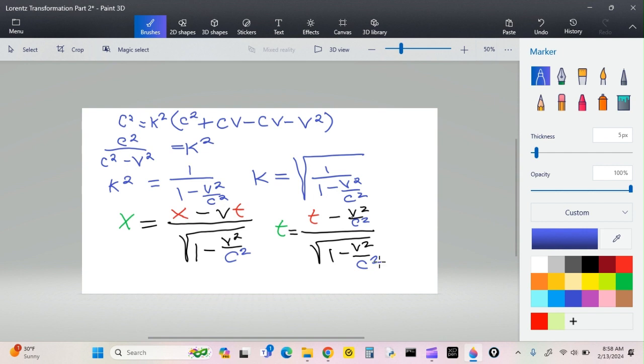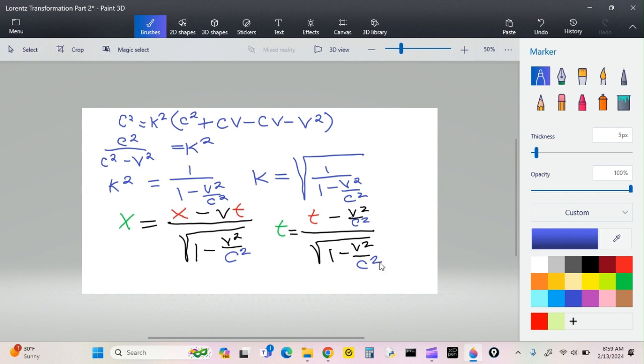That's pretty much just 1, because this pretty much is 0. So it's not going to make much difference until you get close to the speed of light, and then this is going to make some difference. So the X value is not going to be quite as easy as what we had before.